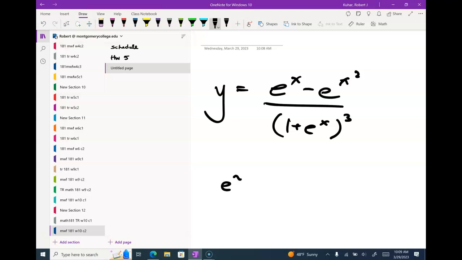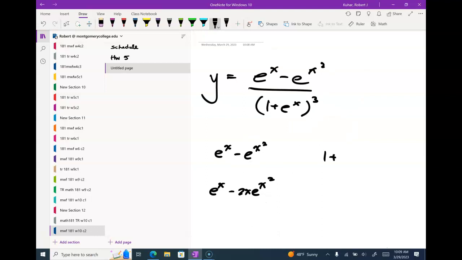So the upstairs function is e to the x minus e to the x squared. Derivative of that is e to the x minus 2x e to the x squared. Do we agree with that? Derivative of an e to the x function is an e to the x function. But the inside function, I have to make sure I'm doing the chain rule there. So I have to take the derivative of minus x squared, which is just a 2x.